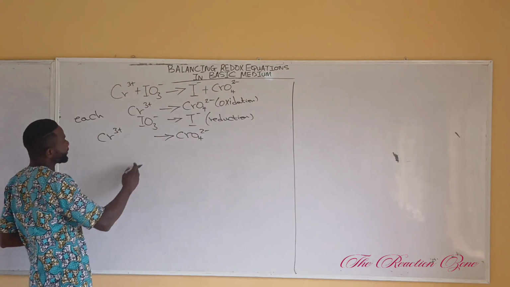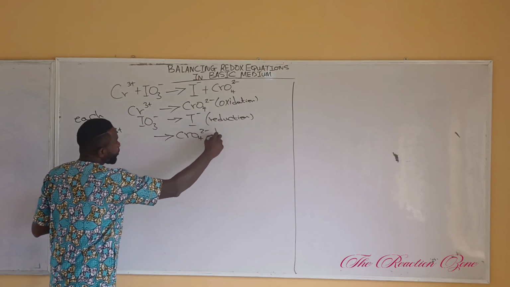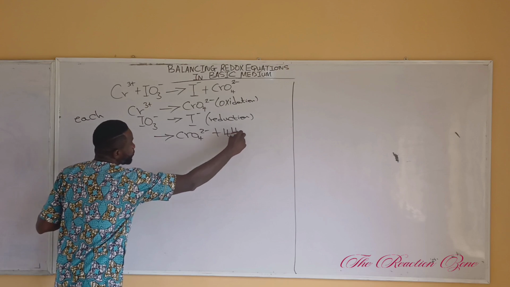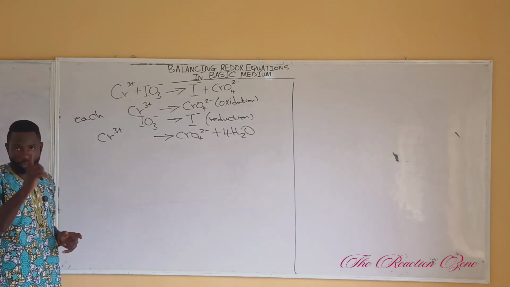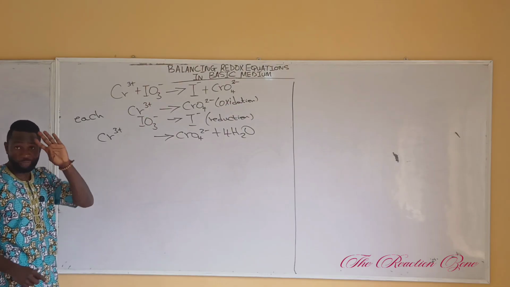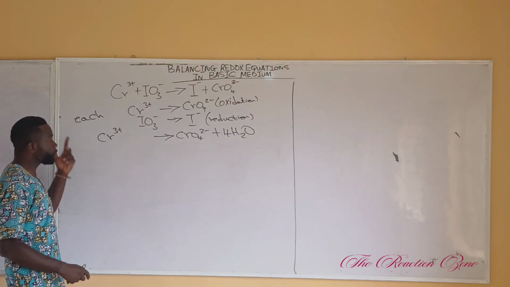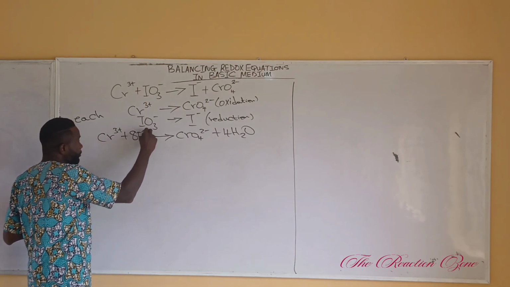So we can see that there is an excess of oxygen atoms by 4 on the right hand side. So we're going to add 4 molecules of water here. And for an excess of 1, we have to add 2 OH- here. But there is an excess of 4. So it needs to be 2 times 4, which will give us 8 OH-.